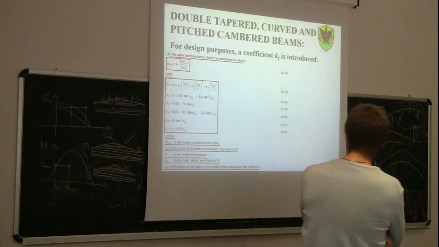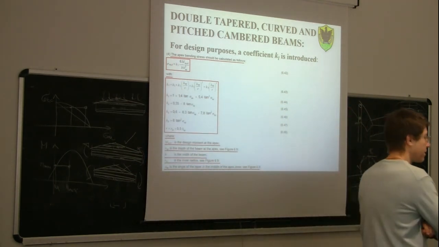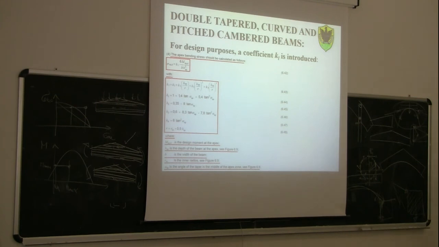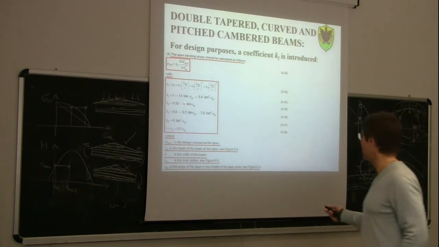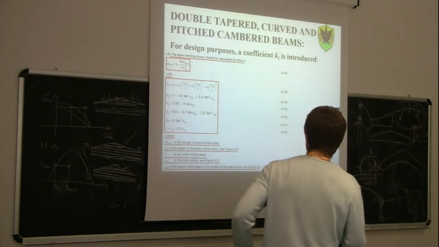But as you can see, we need to multiply this formula by a correction coefficient, which is called kl. This correction coefficient is given by this relationship that we can find here. So we have some kind of approximate relationship.